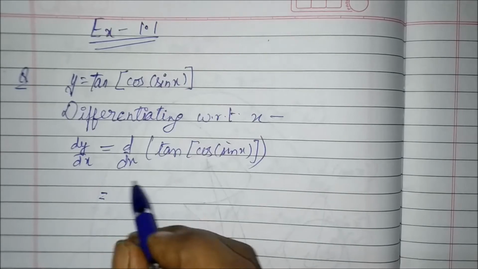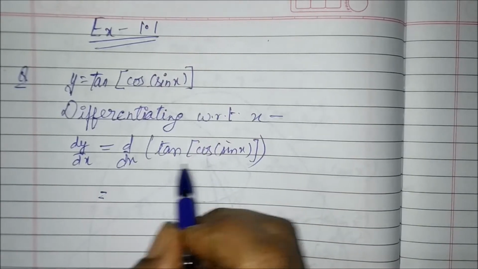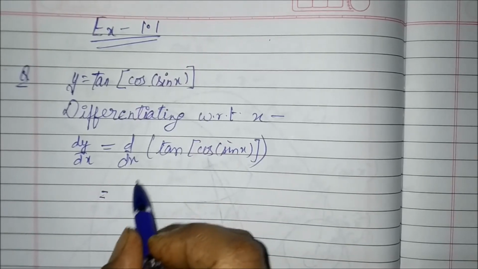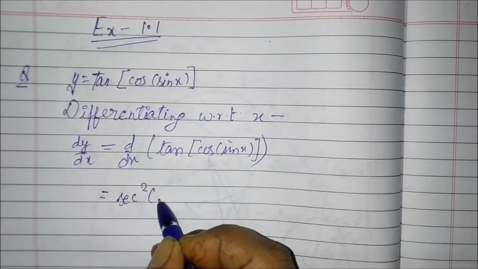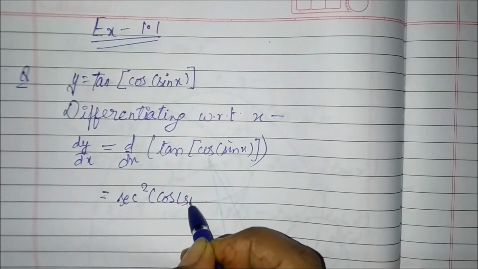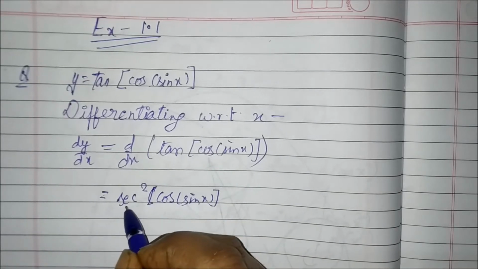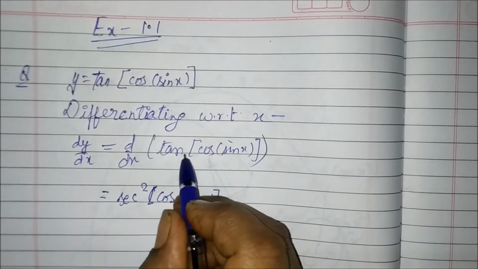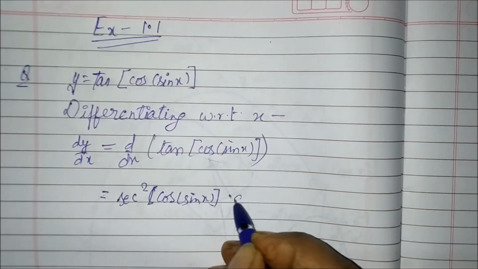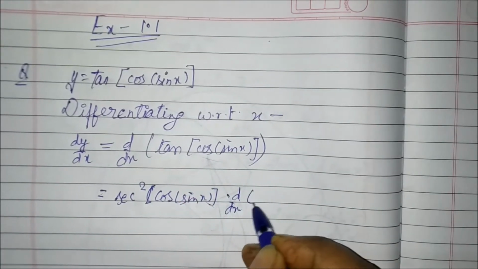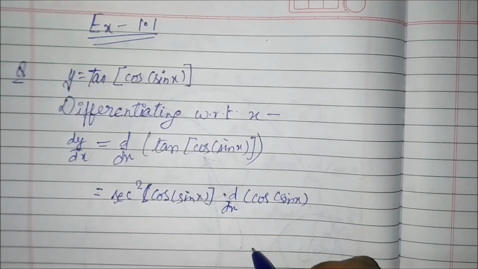First of all we have to differentiate tan, then cos, then sin. The derivative of tan is sec square. So sec square of cos of sin x. This is the derivative of tan, considering the whole angle as x, into d by dx of cos of sin x.